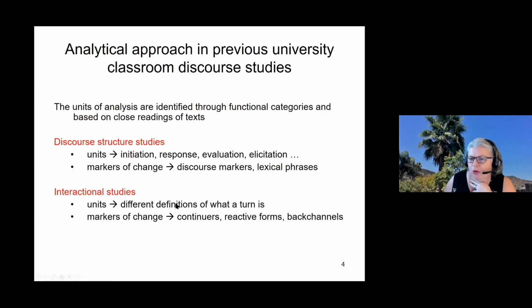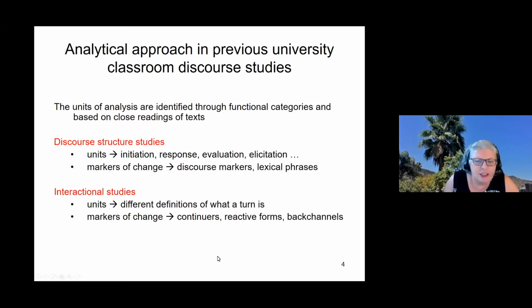But at this point in time for interaction, there has been lots of literature discussing what actually constitutes a turn. It is still debated, and everybody defines it somehow differently. And so it's really hard to come to the same set of replicable analyses that people might be able to do.